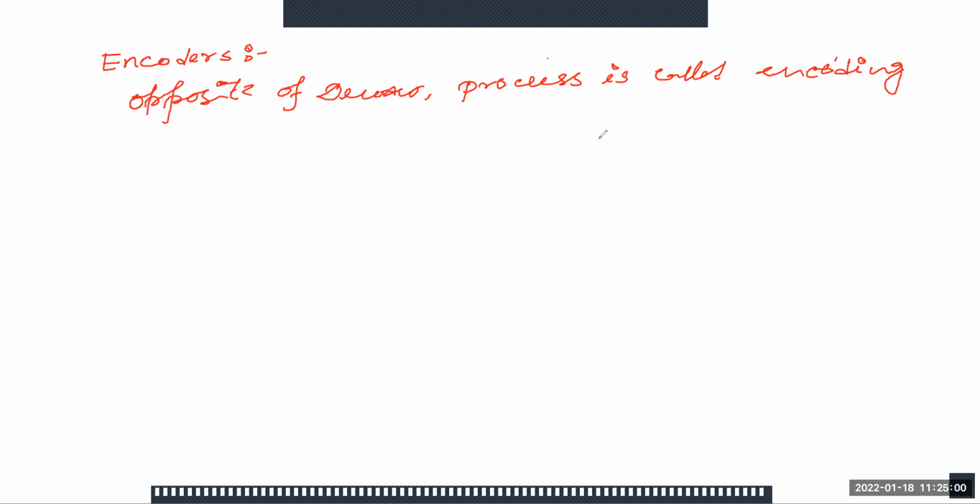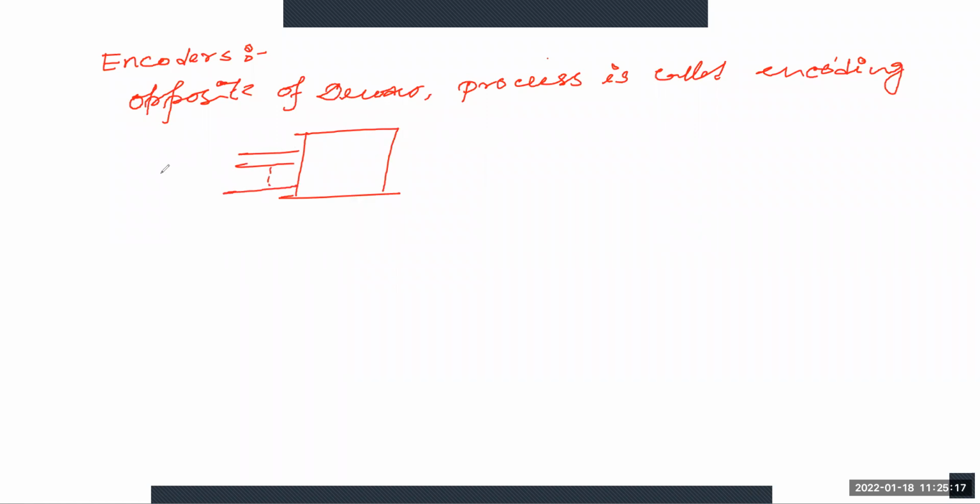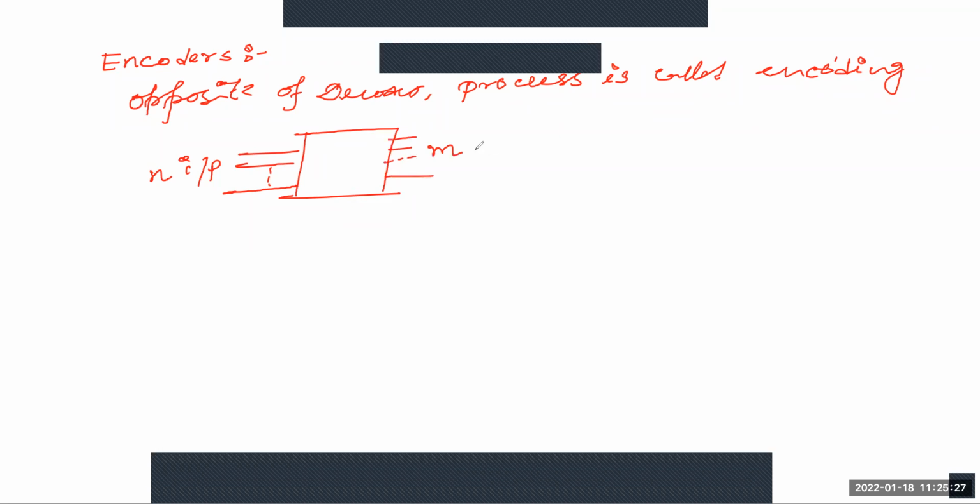So here I am drawing the block diagram of encoder. Suppose this is n input and this is m output.